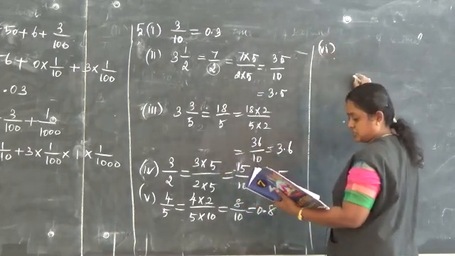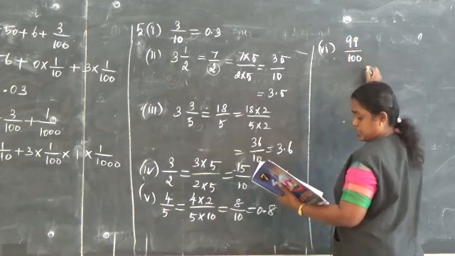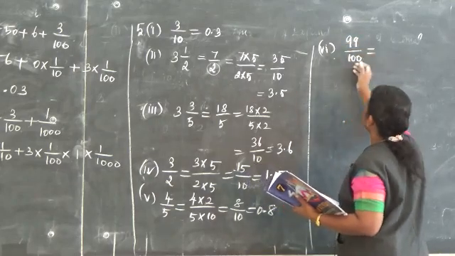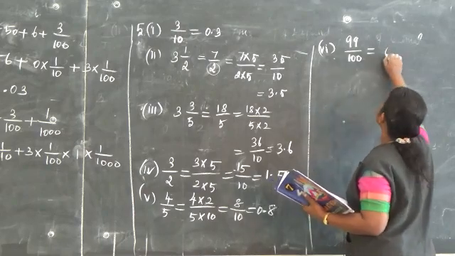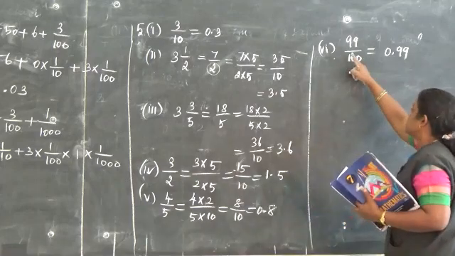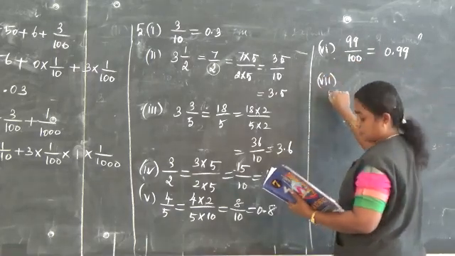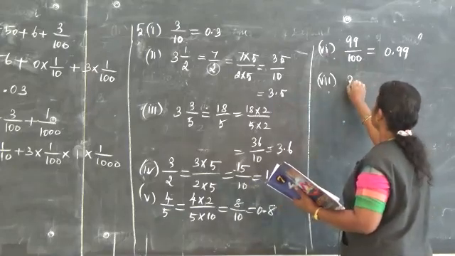Sixth subdivision, 99 by 100. Here only 100 was there. So easily we can write the decimal number. So you should move 2 decimal places. So 0.99.